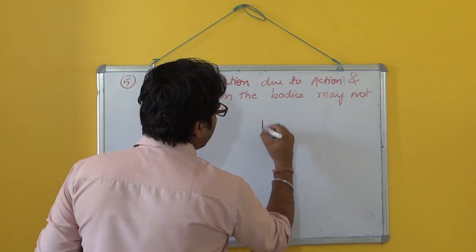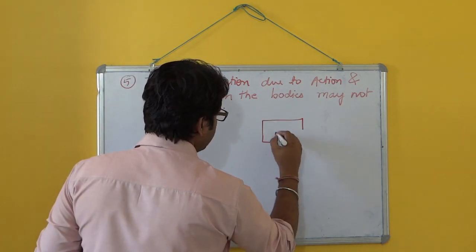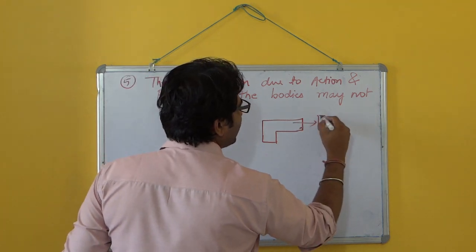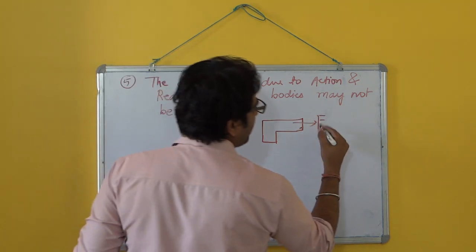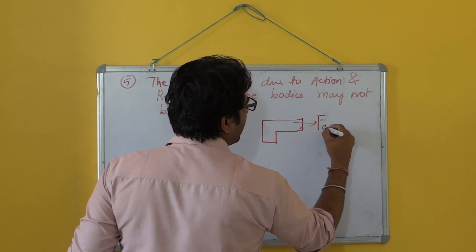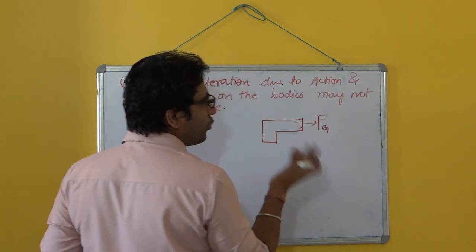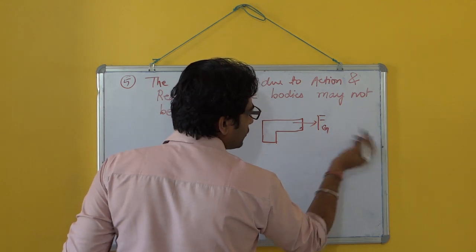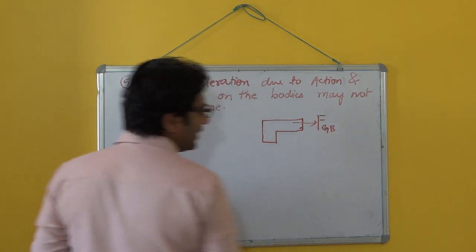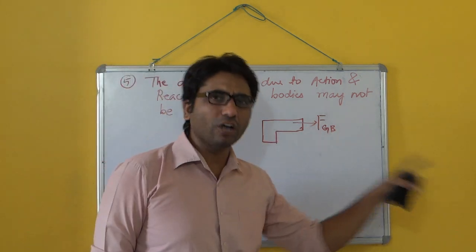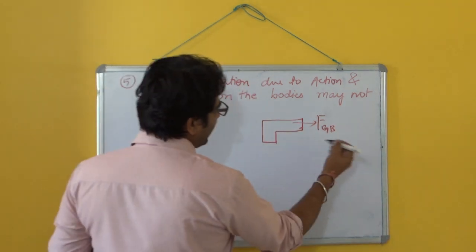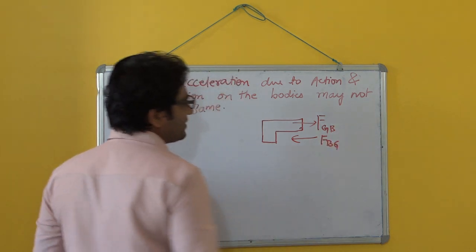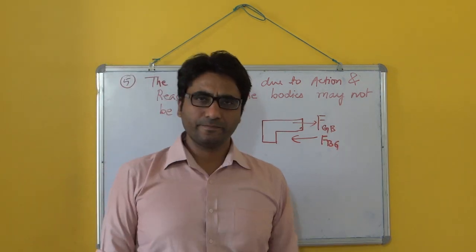If I am having a gun, let us say F gun is the force by the gun on the bullet. So we can write FGB. It is the force by the gun on the bullet. Similarly, the force by the bullet on the gun is given by FBG.